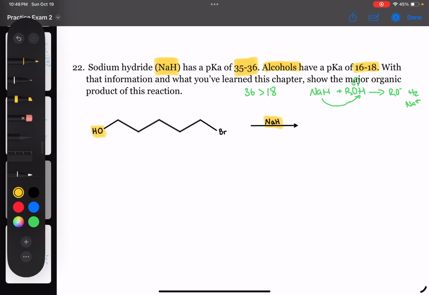So our very first step in solution, which happens pretty instantaneously, is that NaH is going to deprotonate the alcohol. And we draw this with irreversible arrows because, again, that pKa difference is just so large. So once we do that, we get an intermediate that looks like this.